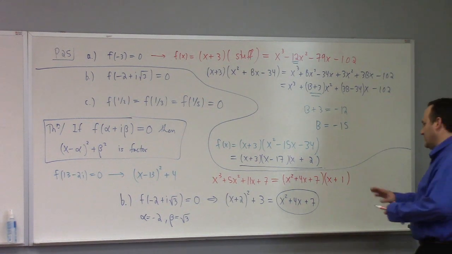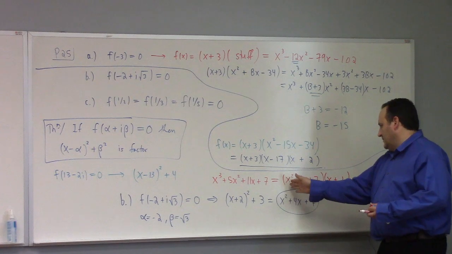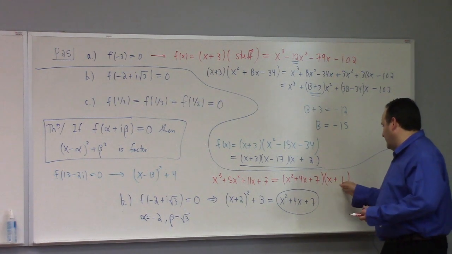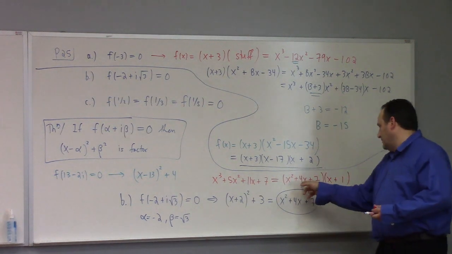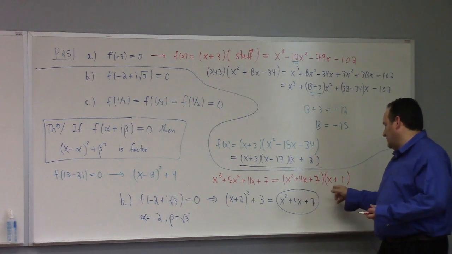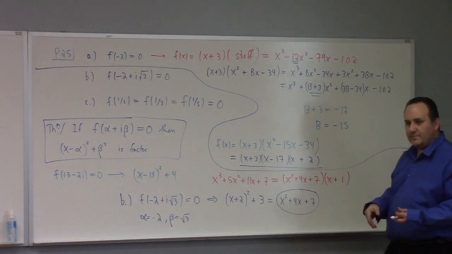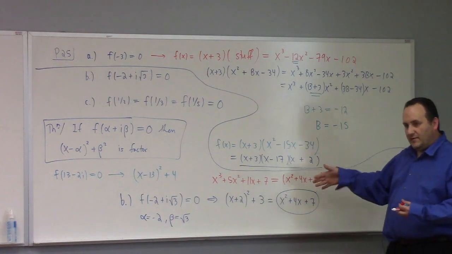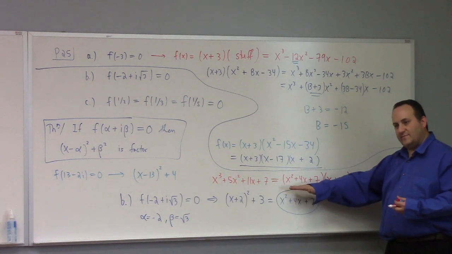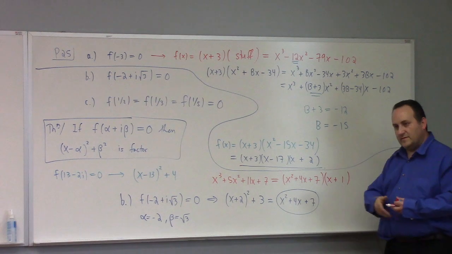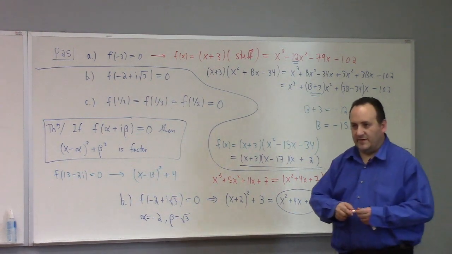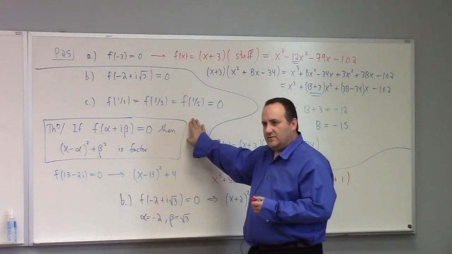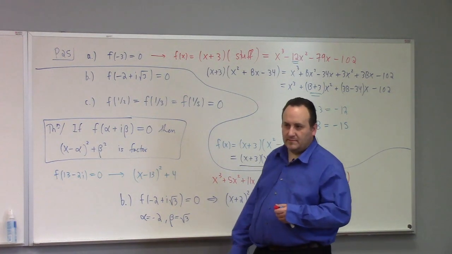Now to be careful, we should multiply this out and check. x cubed, I get a plus 4x squared here, plus another x squared, I get 5x squared. If I multiply this out, I get a plus 4x, plus 7x is 11x. So yeah, it works. And that's factored because you already know by the way you got to this that this is prime because it's formed from a product of the complex ones. So anyway, there's some help on 25 for you. I hope that helps. This is something that I meant to get to at some point, so it's good we did it now.